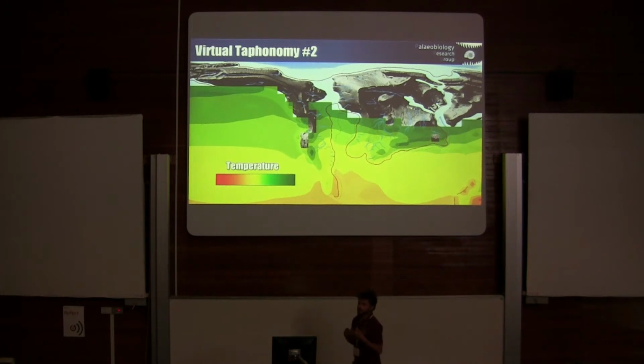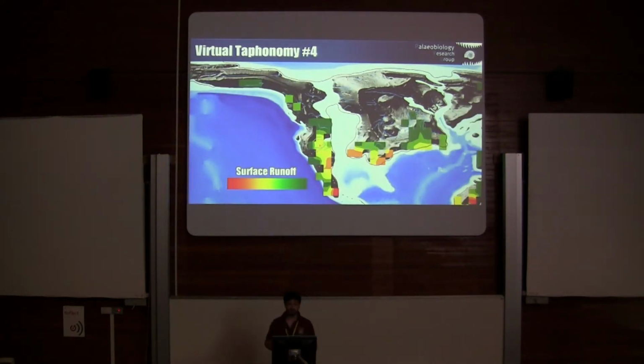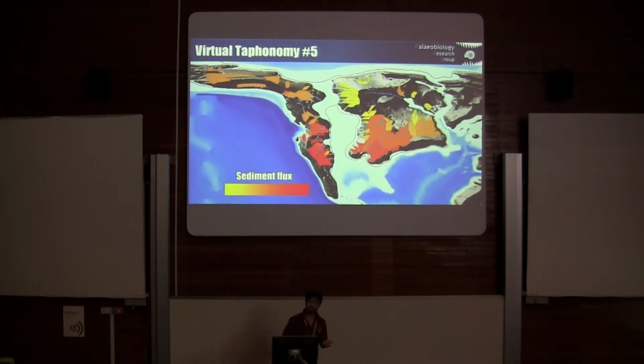And we did the same for parameters like temperature, precipitation, surface runoff, and sediment flux. We used some basic drainage analysis to integrate precipitation patterns, tectonics, slope, and temperature to build which are the areas that will provide the sediment flux suitable for fossilization.